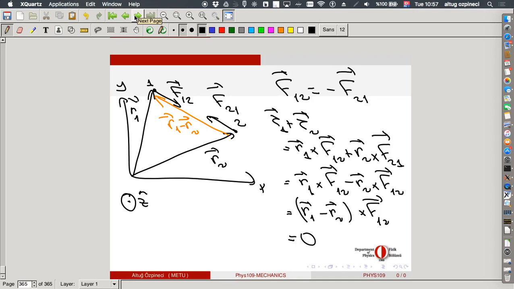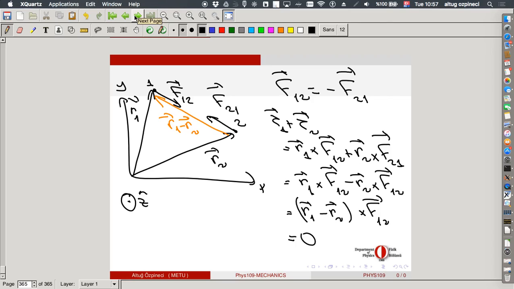Then of course you can ask, what if these forces are not just pointing towards each other? What if they exert forces in some other direction? Well, we don't have such cases until we study magnetism. But until we study magnetism or similar forces, all the forces we know are just pointing along the line connecting the two objects.